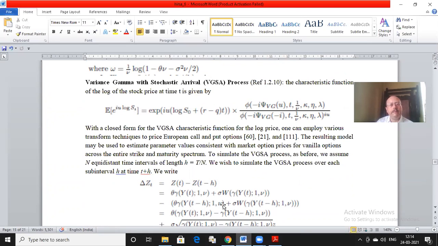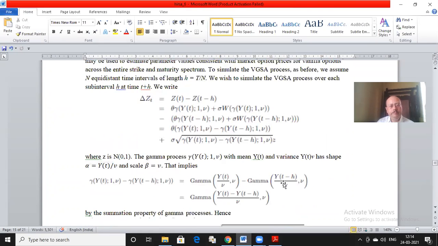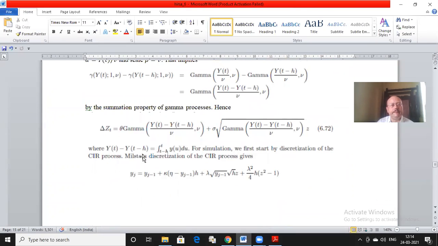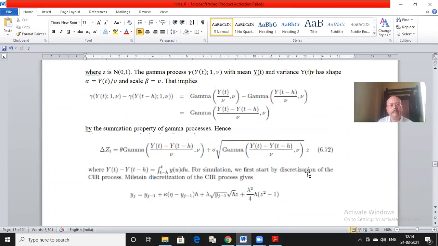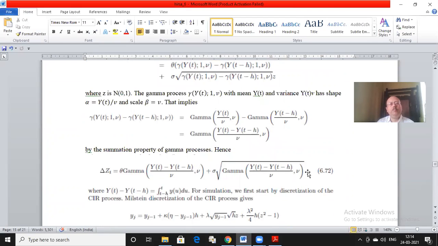Of course, algebraically it is a lot more complicated because I have to handle the random time using a CIR process, etc., etc. So a lot of new computational elements come in, but the basic structure is based on the gamma random variable in both these processes.